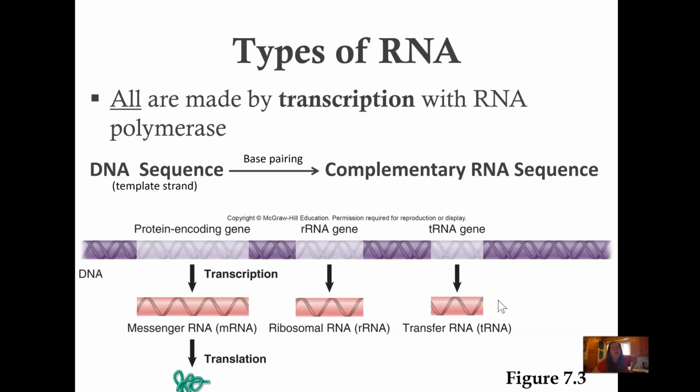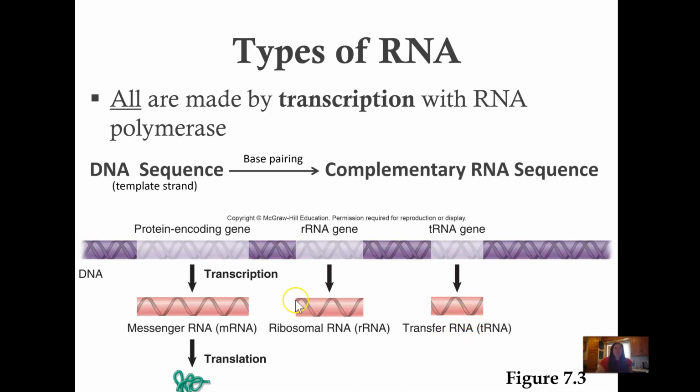Okay, so for our purposes, there are actually many types of RNA. I can think of probably 5 or 6, but for our class, we're going to talk about the 3 main kinds of RNA that are common in all organisms and that are essential for the expression of genes. And that's, of course, messenger RNA, mRNA, ribosomal RNA, rRNA, and transfer RNA, tRNA.